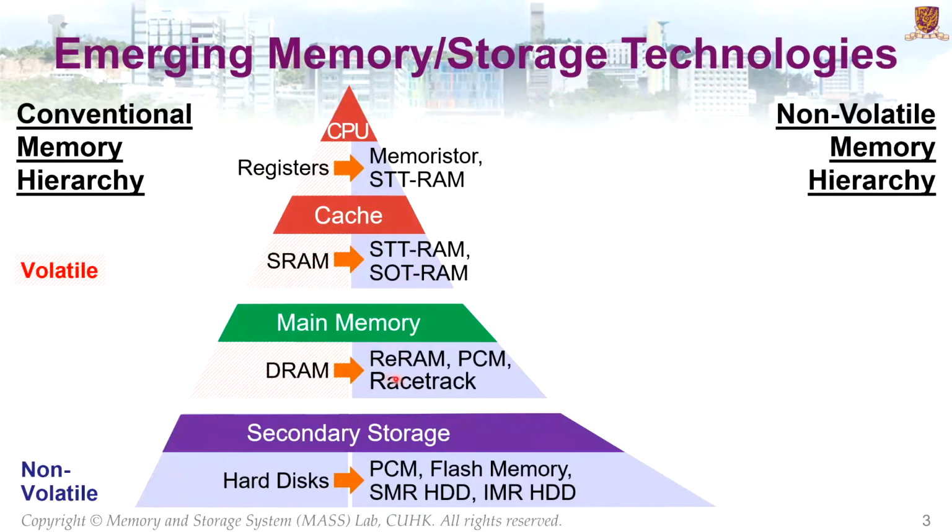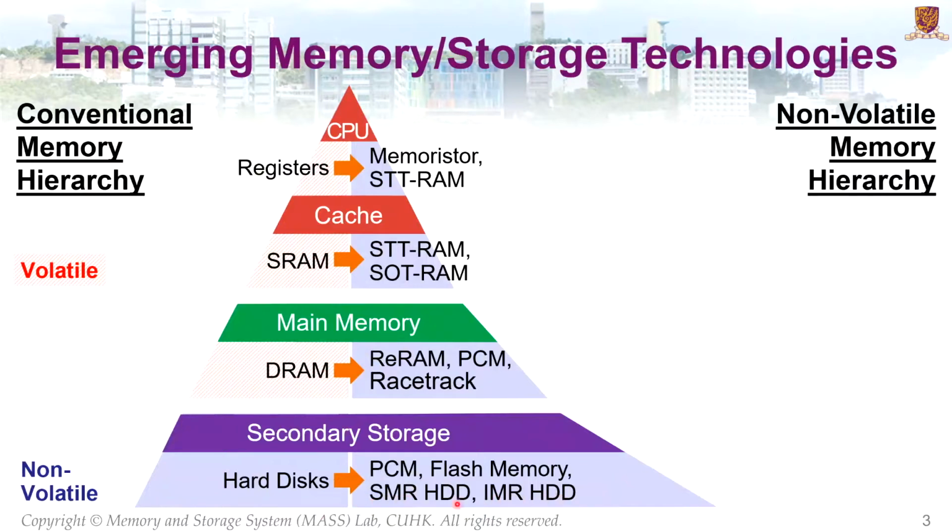We also have resistive RAM, phase change memory (PCM), or memristor to substitute the main memory. Even for secondary storage, we have different options like PCM or flash memory, or even next generation hard disk technology like shingled magnetic recording or interlaced magnetic recording HDD.